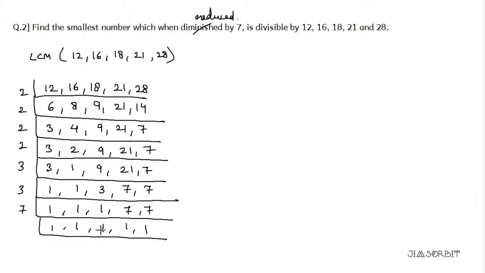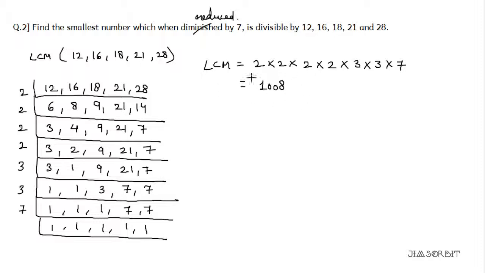Okay, so we have found the LCM is 2 multiplied by 2 multiplied by 2 multiplied by 2 multiplied by 3 multiplied by 3 multiplied by 7. That is the answer. So it is 2 to the 4, 4 to the 8, 8 to the 16, 16 into 9 is 144 and multiplied by 7. So that will be 1008. Okay. So 1008. This is the LCM.